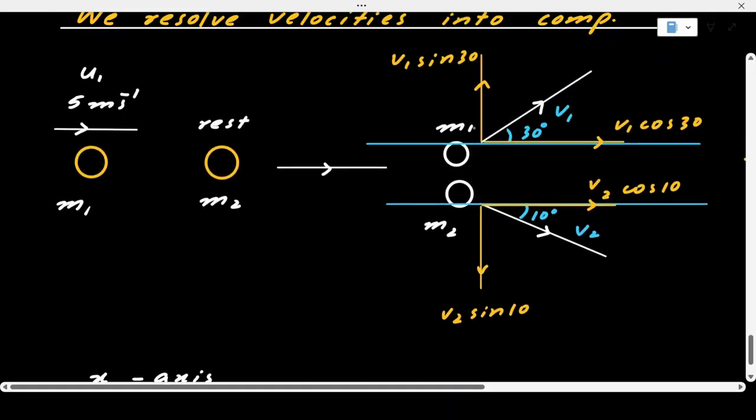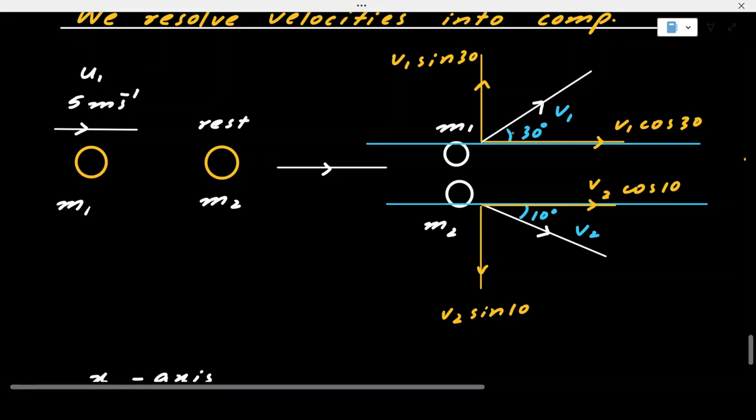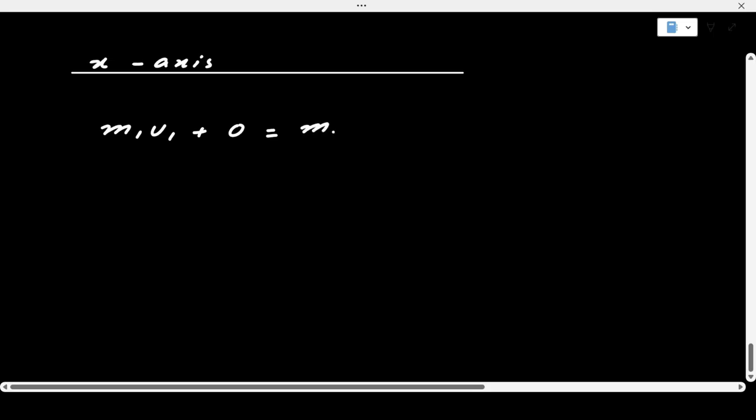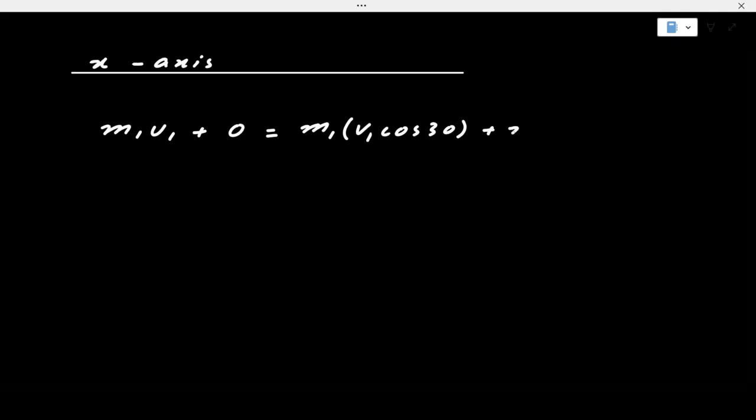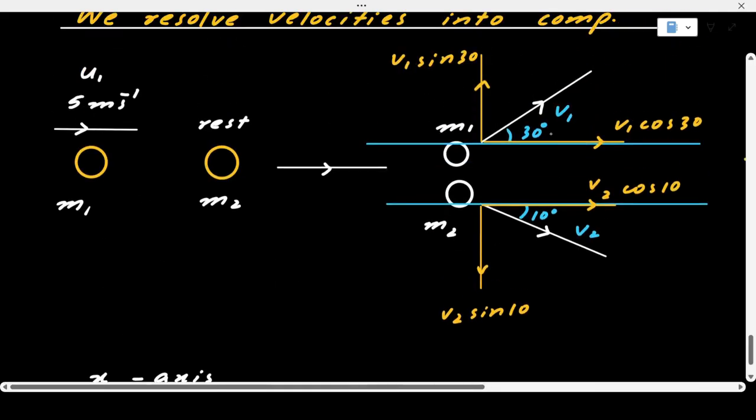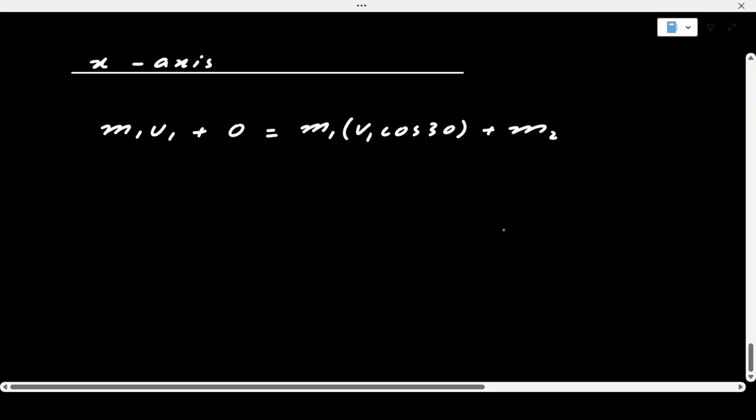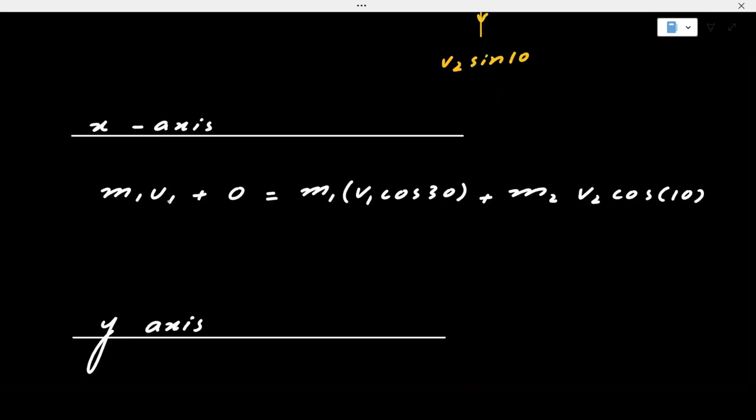Plus the momentum of the first mass after the collision along x-axis, that would be m1 v1 cos 30, plus the second mass with velocity v2 cos 10. After collision, m1 was moving to the right side. The second mass also has the x component to the right side, so both of them are positive.